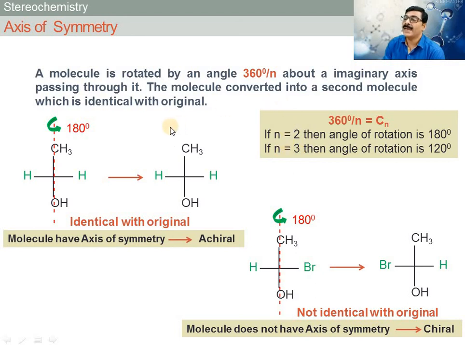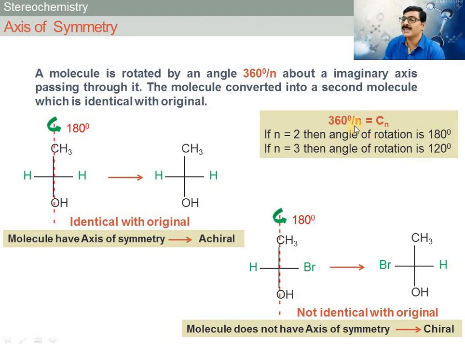If n is equal to 2, means 360 by 2 means 180 is the angle of rotation, and it is called two-fold symmetry.